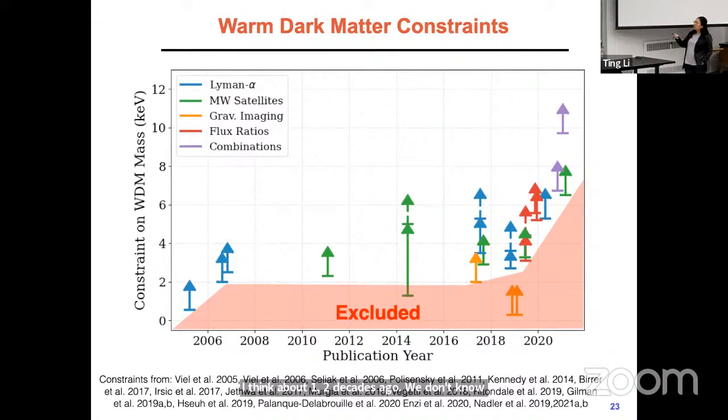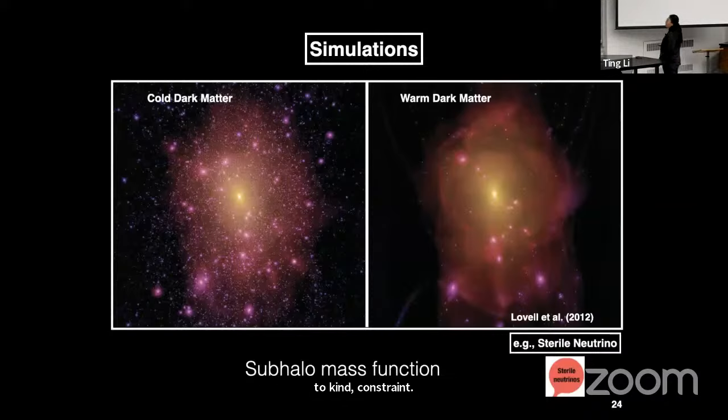And then from the Lyman alpha forest probe, we know that the dark matter should be at least above 1 keV. And as time goes, now we have excluded all the warm dark matter candidates below about 6 to 7 keV. And again, I'm only talking about the Milky Way satellites, but there are all other different ways that can be used to constrain the mass of the warm dark matter. So this is one example.